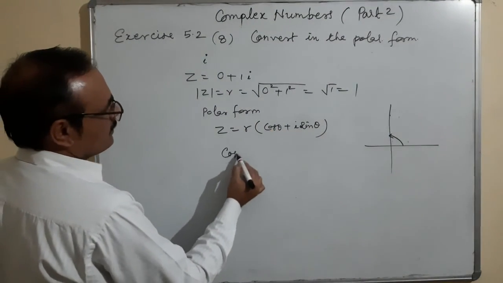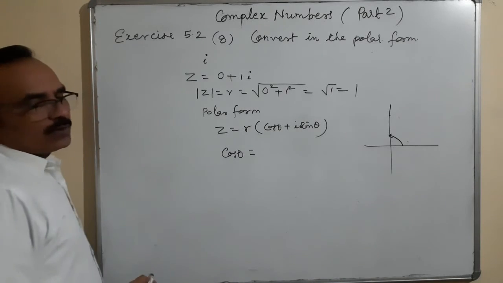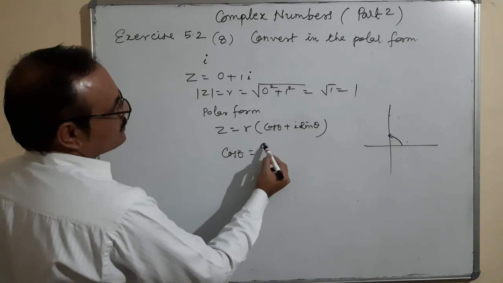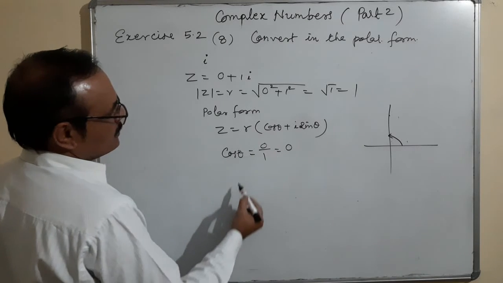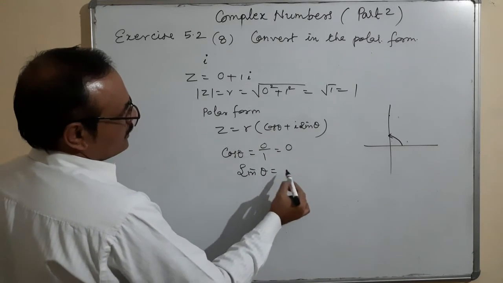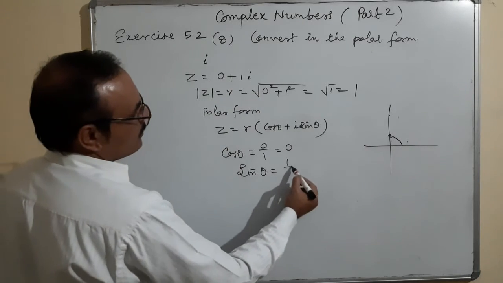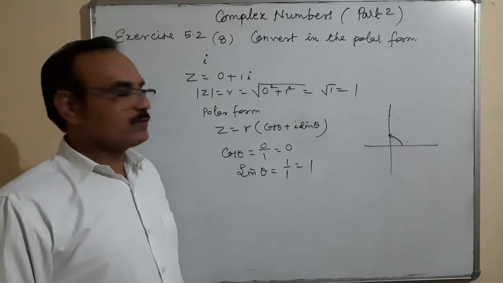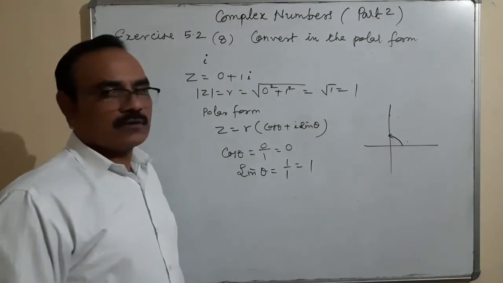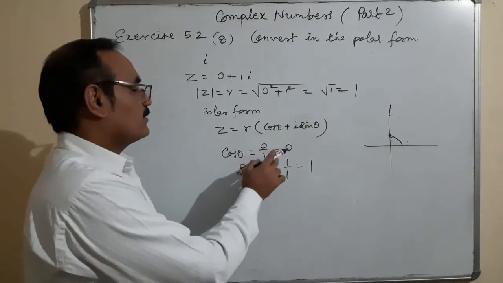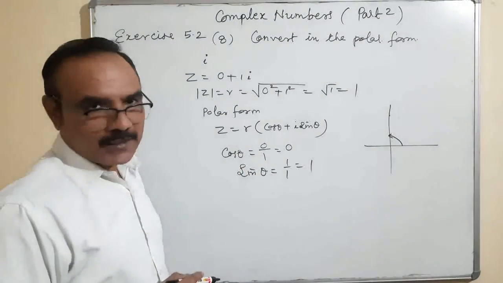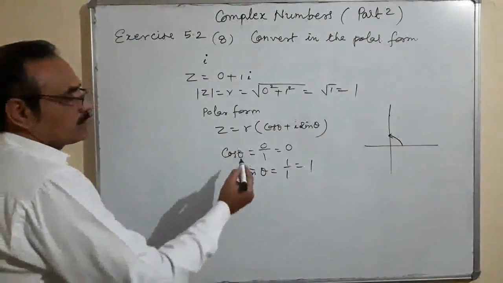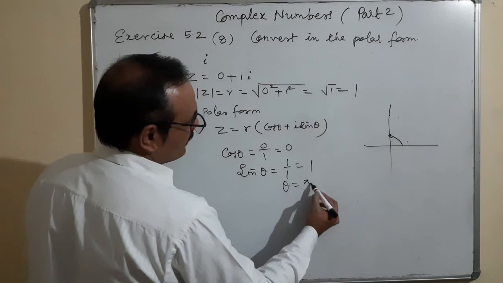Now let's find the value. Cos theta is equal to real part upon r. What is the real part? 0. So 0 upon 1, the result is 0. Sin theta is equal to imaginary part, that is 1 upon 1, it is 1. The value 0 in cos is at 90 degrees, and the value 1 in sin is at 90 degrees, pi by 2. So the value of theta is equal to pi by 2.